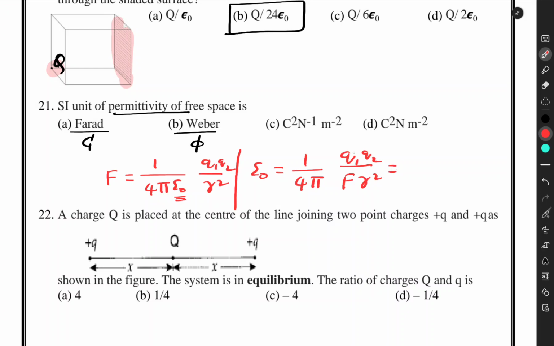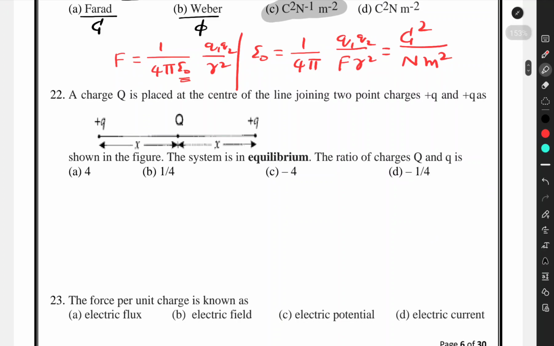For q1 into q2, what is the unit? Coulomb square, divided by force, which is Newton per meter square. So Coulomb square per Newton per meter square. Where do you have the answer? Yeah, option C is correct. Coulomb square per Newton per meter square. Okay? Next.